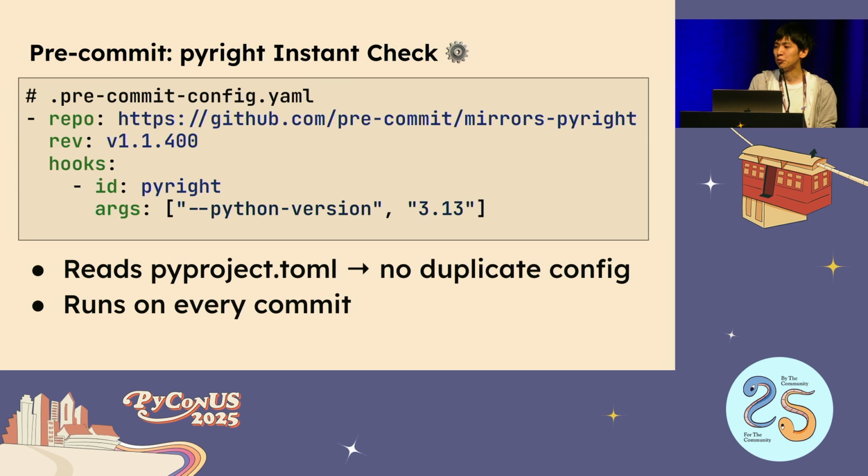And we have pre-commit. With pre-commit, when we run git commit, it runs some rules. We define the rules in .pre-commit-config.yaml. For example, use Pyright with the specific repo, version, ID, and arguments. Okay, it runs in the local environment before a commit.